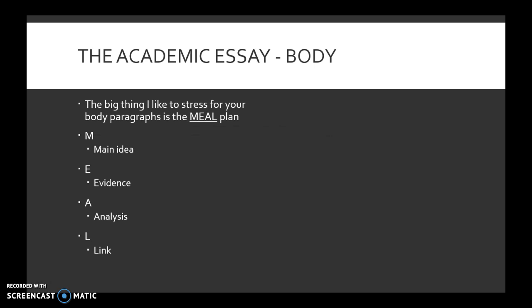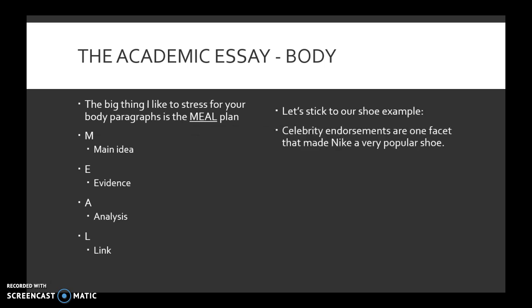Thinking back on our previous example, we're writing a paper about a shoe. We're talking about what makes a shoe popular. We're arguing that Nike is a popular shoe. And one of our ideas with that is that celebrities also make a shoe popular. So we'll look at this.